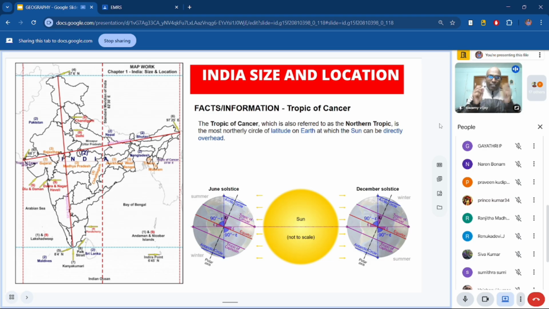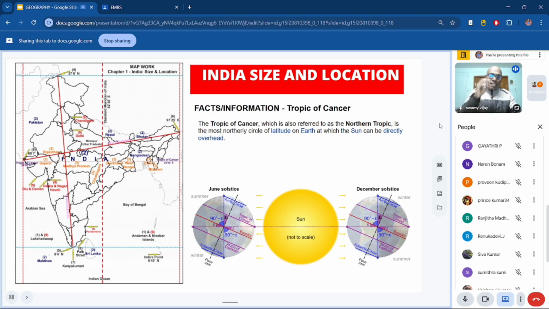So why this Tropic of Cancer? What is the purpose of the Tropic of Capricorn? These are the points where the sun rays hit directly. In the north, the sun rays hit perpendicular. These are the words you need to remember, the vocabulary or jargon. You have to remember the terminology.